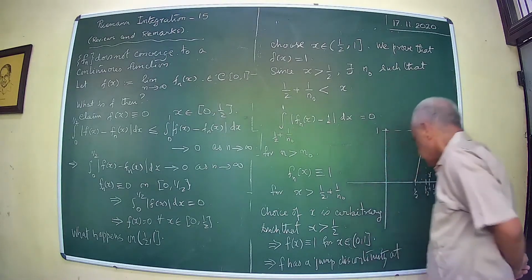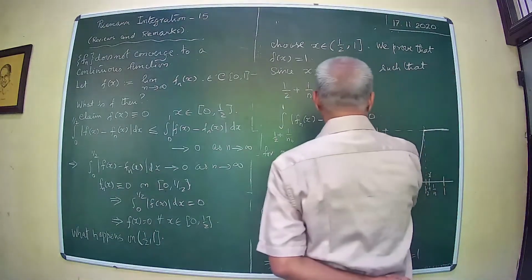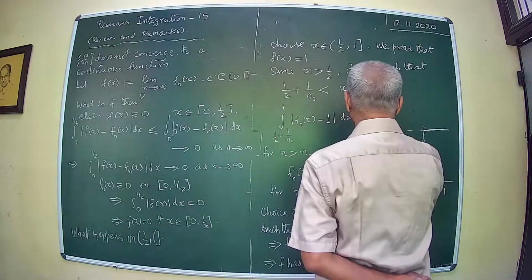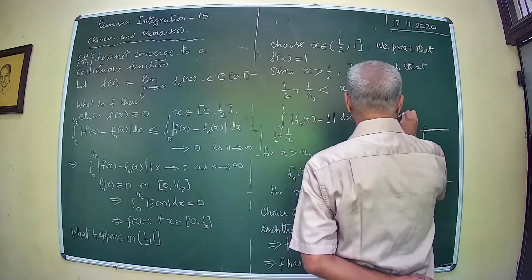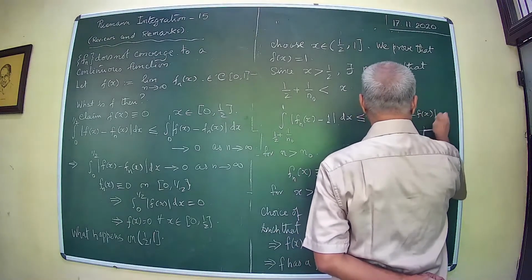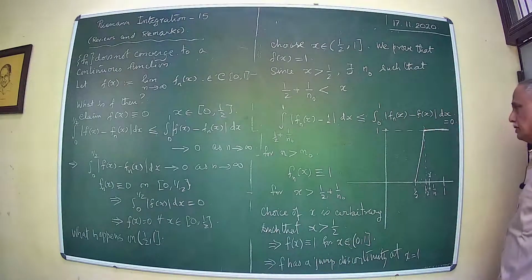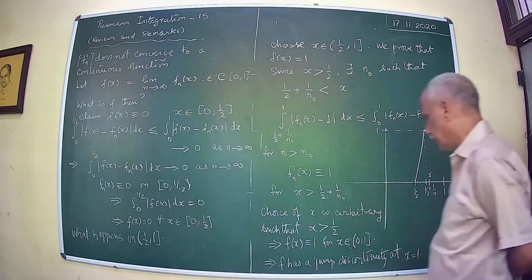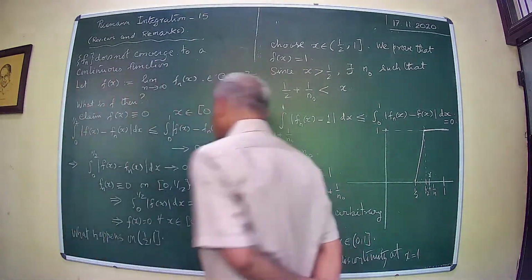Here we are again using this integral from 0 to 1, this is equal to 0. So we are using that actually. Therefore, it has a jump discontinuity at x equal to 1. Therefore, the limiting function is not continuous.